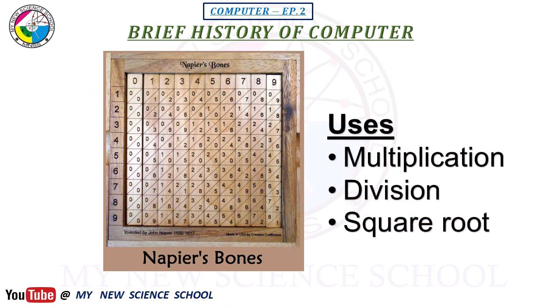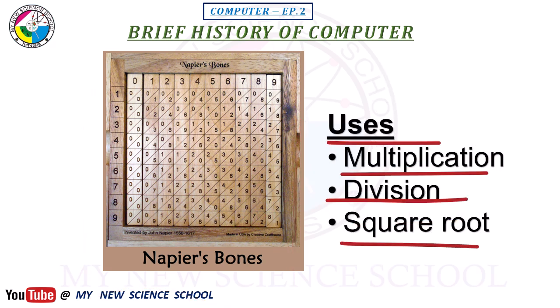This machine was used for multiplication, division, and square roots. As we can see, all these machines or tools are simply used to perform addition, subtraction, and other operations. They helped scientists at that time to do addition, subtraction, multiplication, and division.